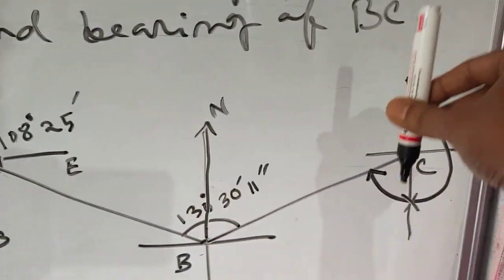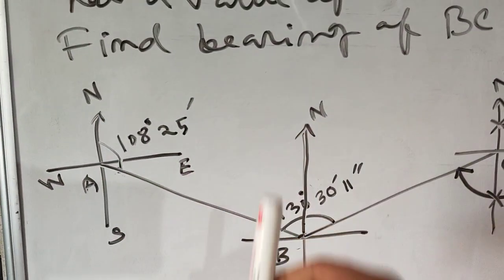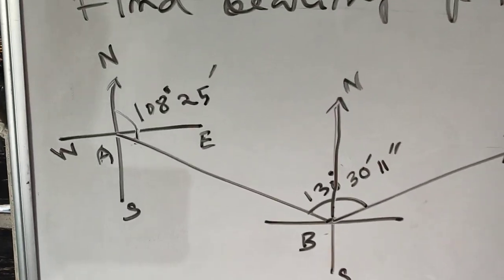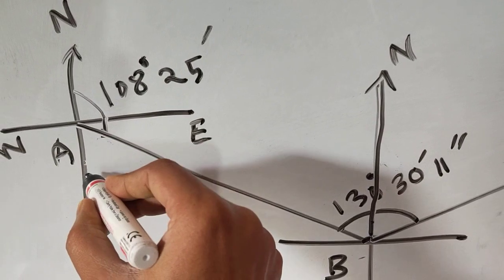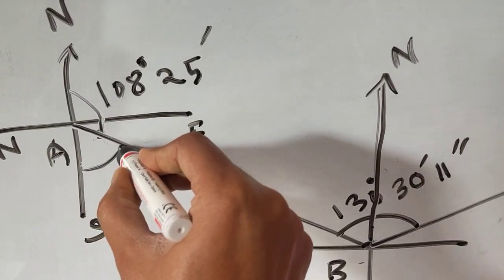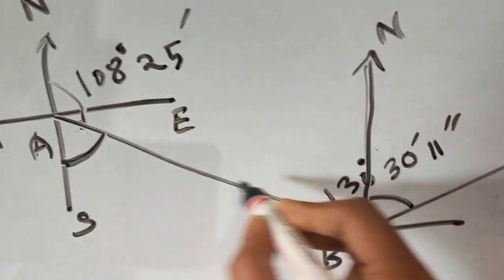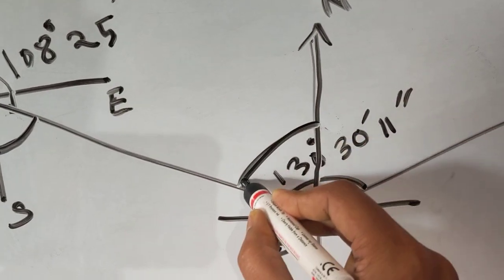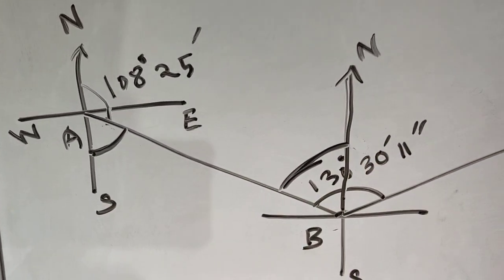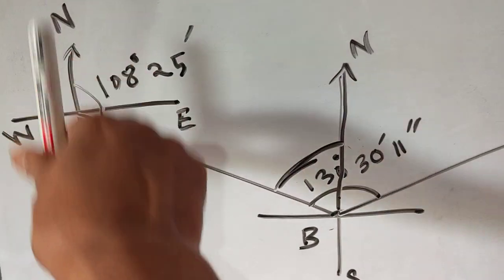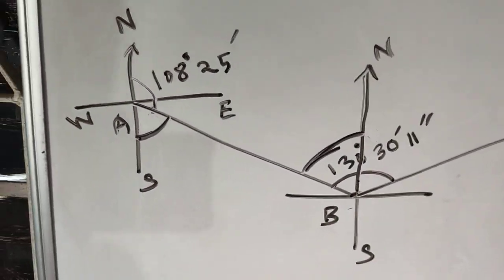So these lines are parallel. Okay. So according to the property of parallel lines, this angle will be equal to this angle because both these lines are parallel.